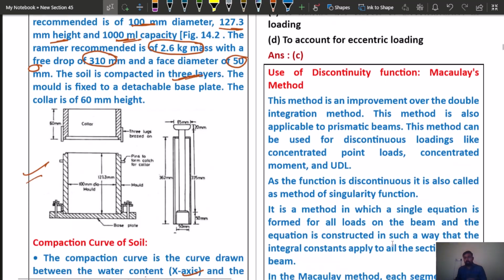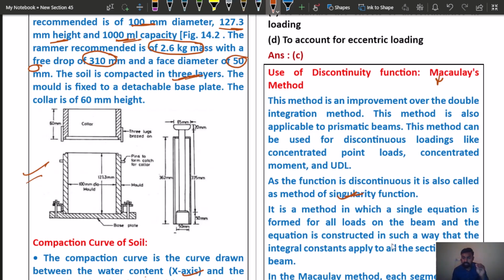If you are talking about Macaulay's method, this method is an improved form of the double integration method. This method is also called the singularity function method, and this is helpful for the analysis of prismatic beams.